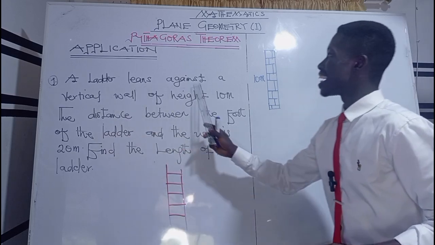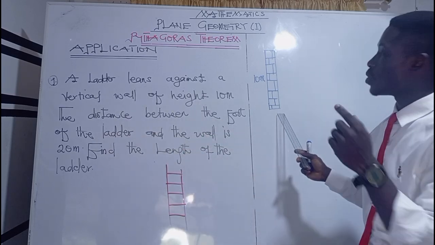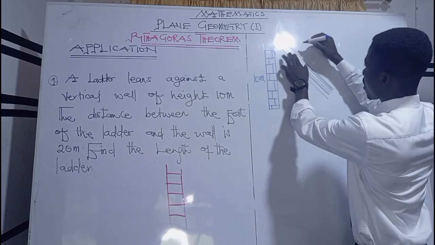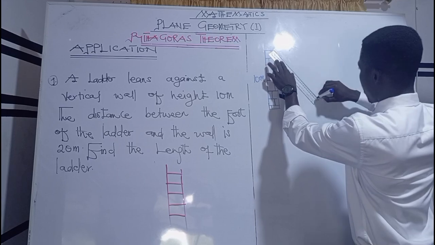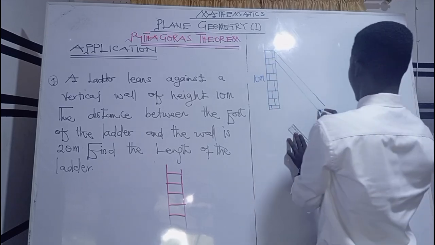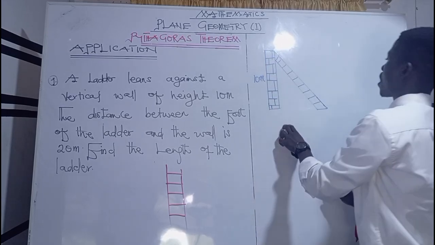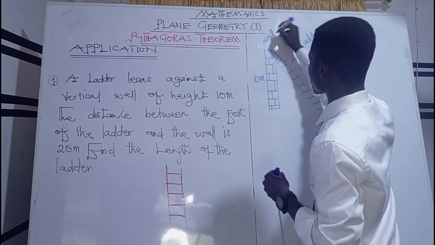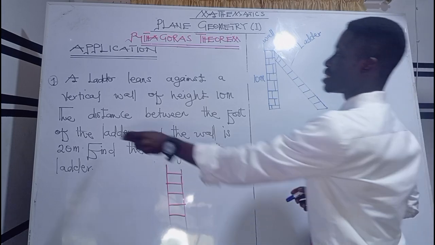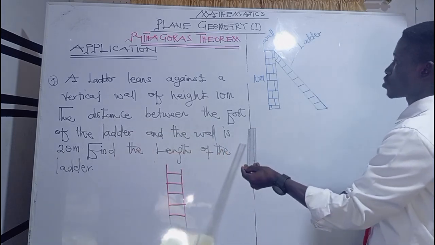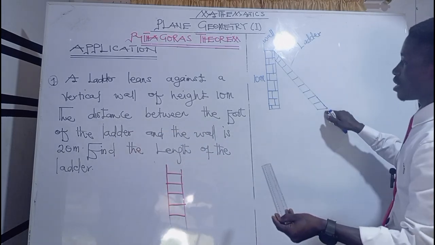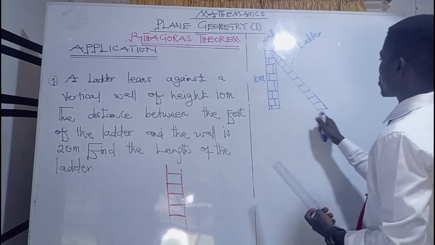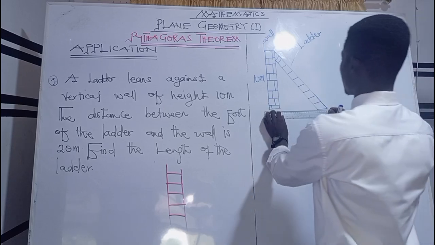But a ladder leans against this vertical wall. So let's draw the ladder. Wall. The distance between the foot of the ladder, this is the foot of the ladder, and the wall is what? 20 meters. So the distance between this and that is 20 meters.